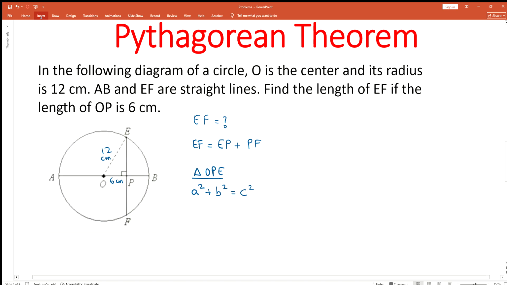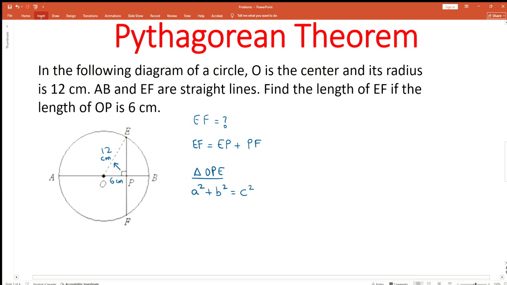In this equation, c represents the length of the hypotenuse, the longest side in the right angle triangle. In triangle OPE, side OE is the longest side because this side is opposite to the right angle. A and B are the lengths of the other two sides.